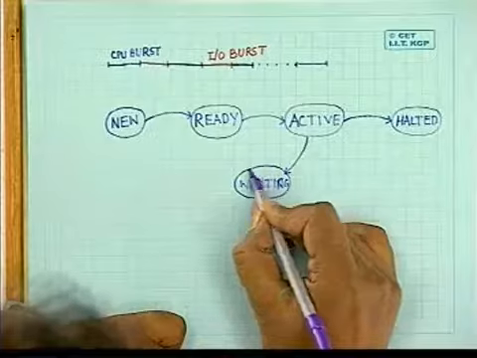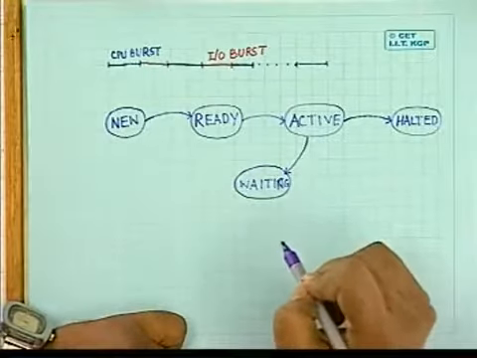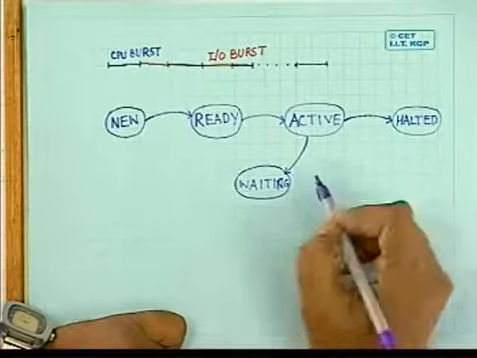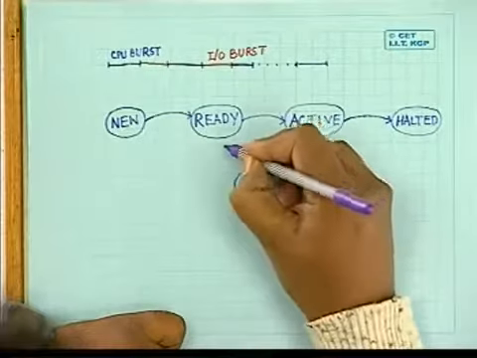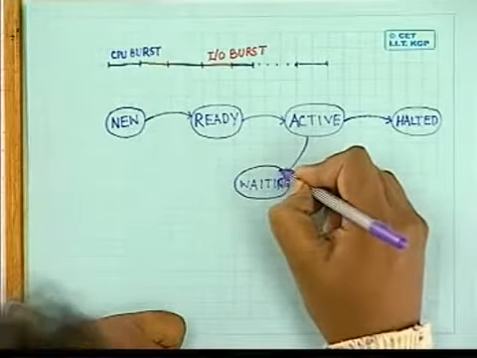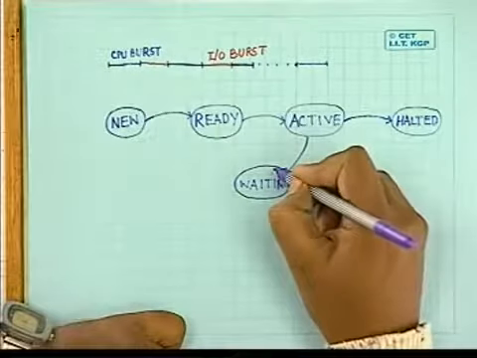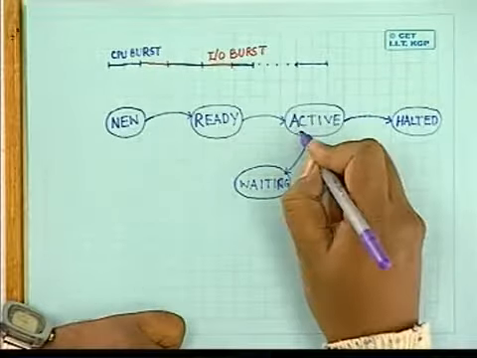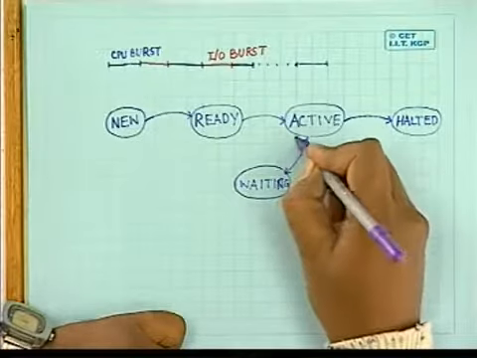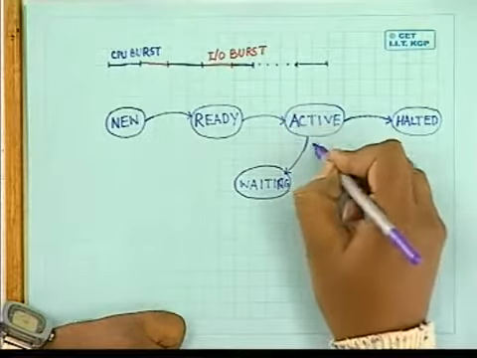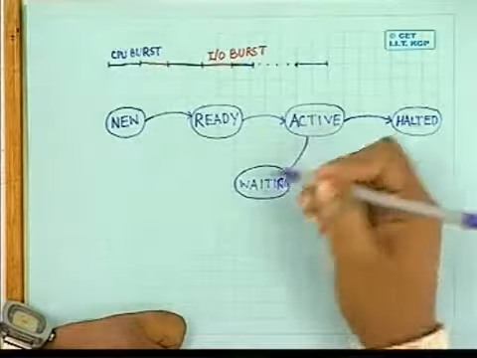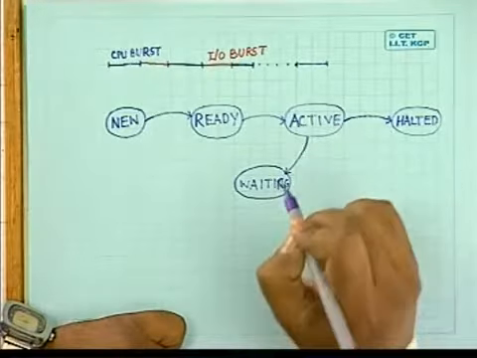Okay. Now, when this waiting state of the job is complete, that is, the IO operation which the job needs is complete, what you do is you move the job from, there are two ways. Either we can move the job from waiting state to active state, but in that case we have a risk that maybe the CPU burst of another job which was in progress is not yet complete.